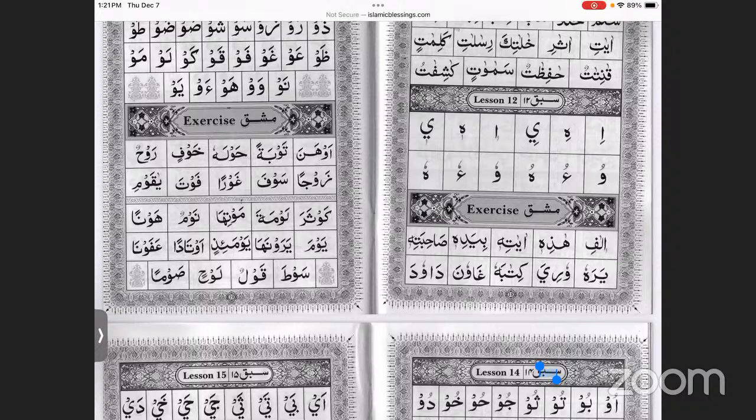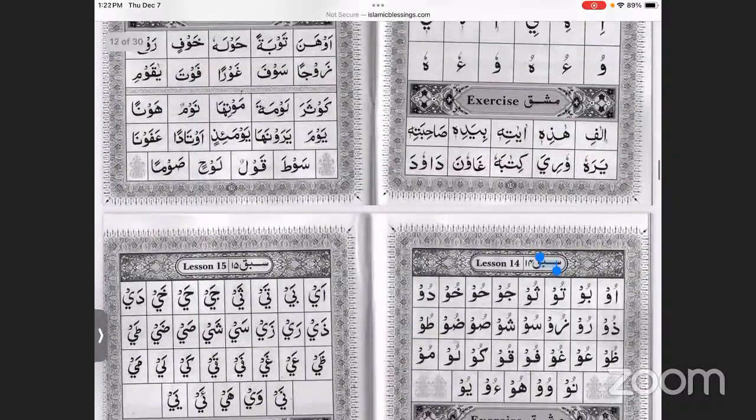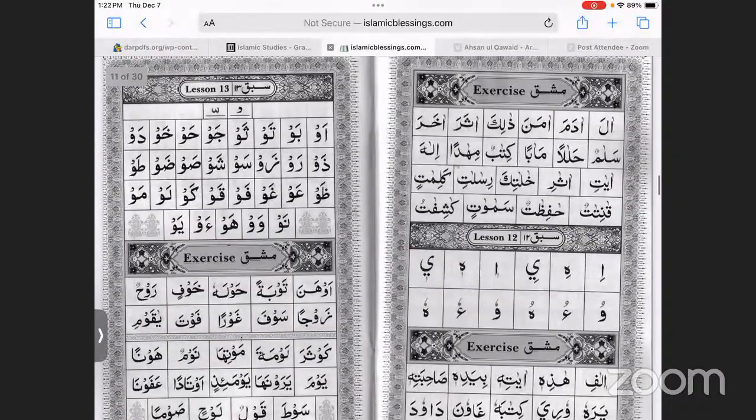Next. Now lesson number 13. These are the huroof layyinah, and we read them very softly.